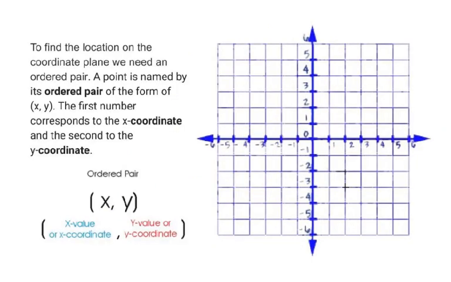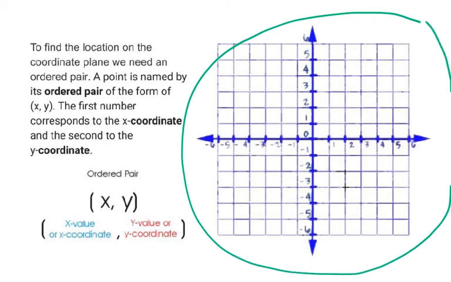But there had to be a system to this. To find a location on this coordinate plane, you need a point. It's an ordered pair. It's in the form of parentheses, and the first number represents the x coordinate, and the second number represents the y coordinate.